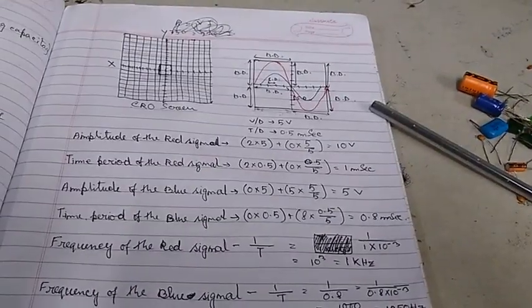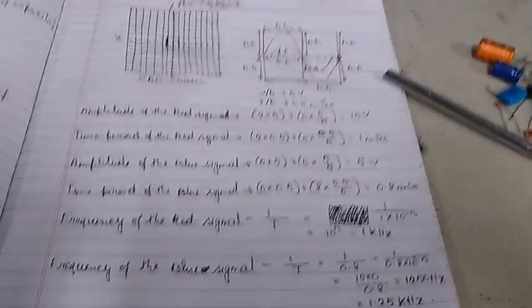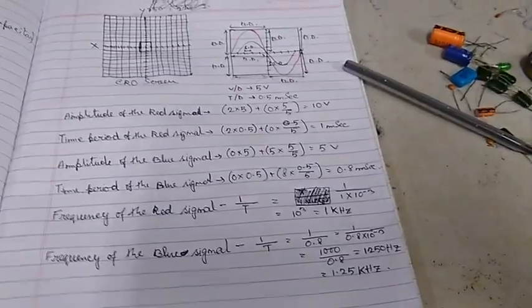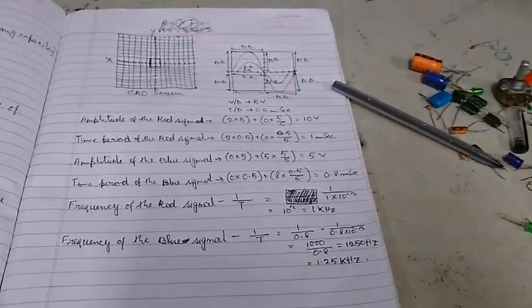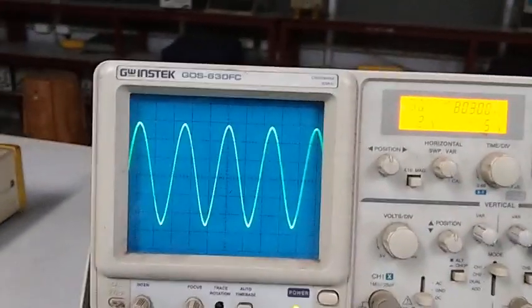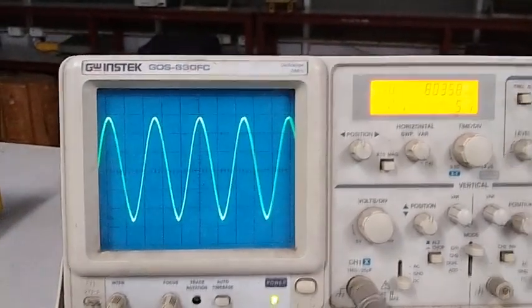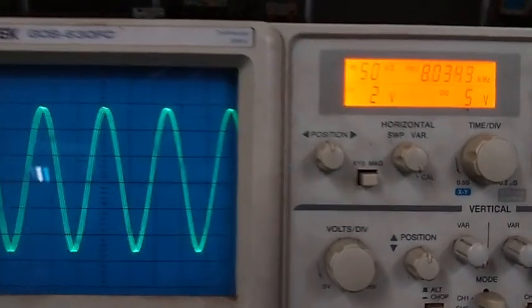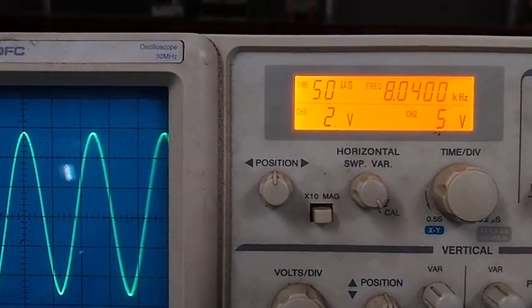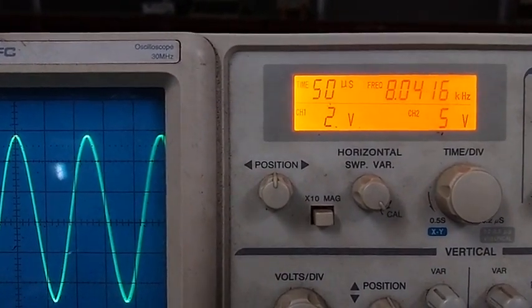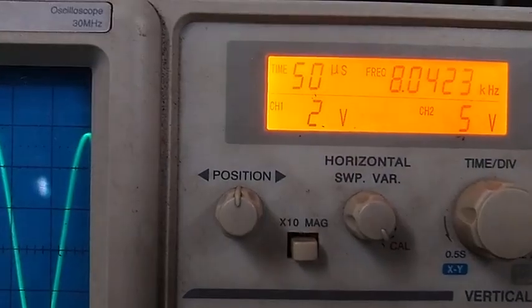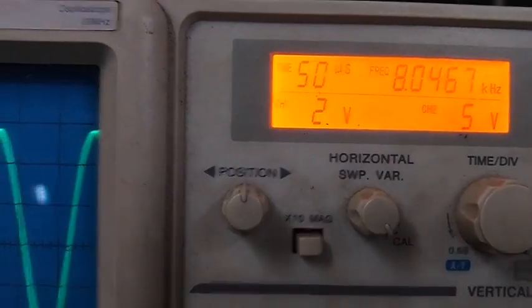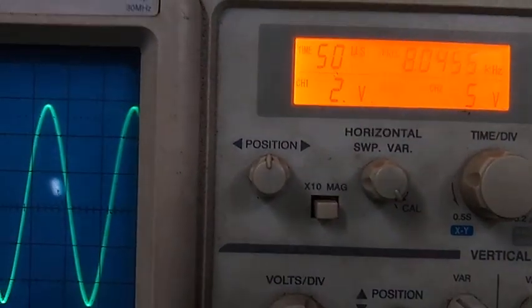So this is the technique to find amplitude and frequency from the CRO screen. Now let me show you some practical examples. See, this is the CRO screen, and in this screen you can see volt per division and time per division. Here it is written time per division 50 microsecond, and volt per division is 2 volt.